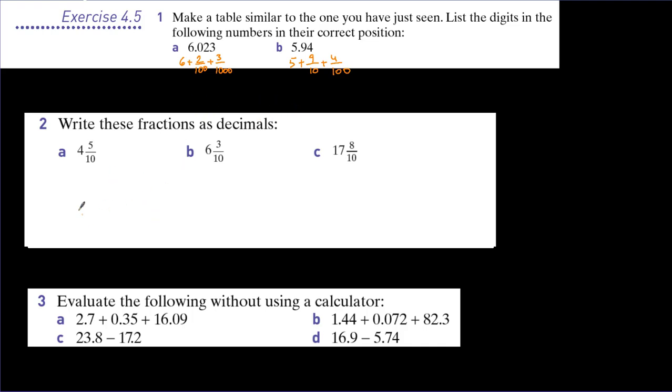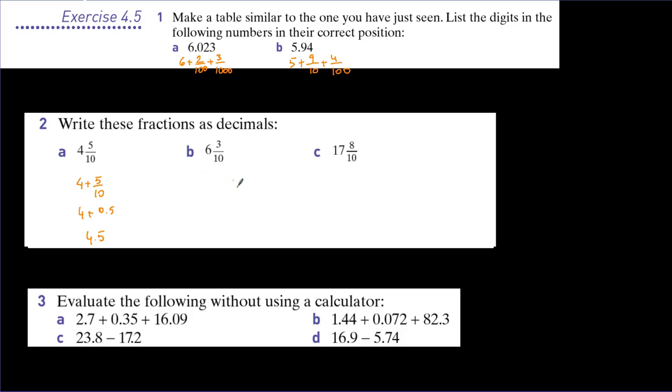Write these fractions as decimals. There are different ways to write these, but firstly I need to explain this one. This can be written like 4 and 5 over 10. And you know 5 over 10 from the tables can be written as 0.5. So 4 and 0.5 is equal to 4.5.